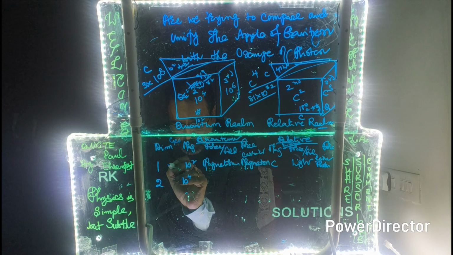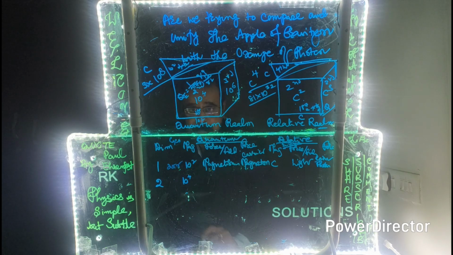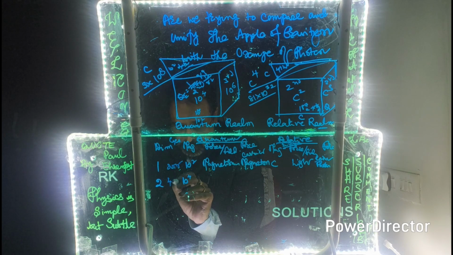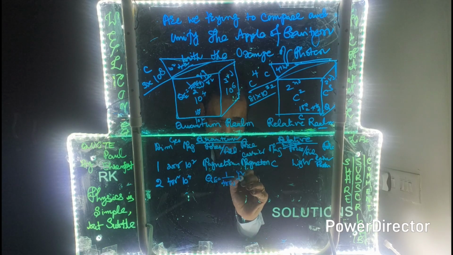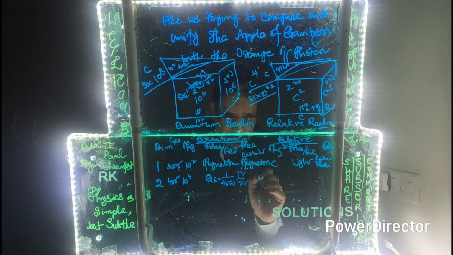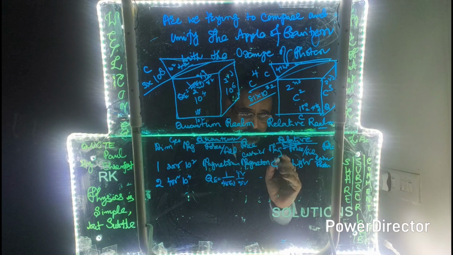This was 2 pi R, right? This was 4 pi R square and 10 raised to 4. Here, this was actually QE equal to 1 by 4 pi epsilon naught Q1 Q2 by R square. Let us leave this for the present.